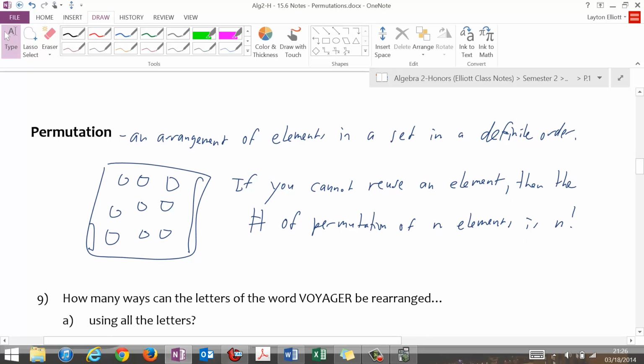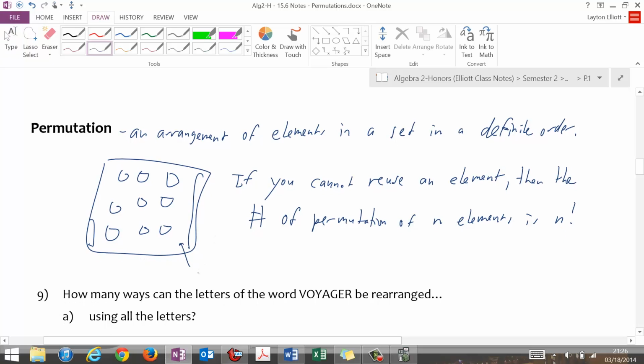This is kind of a neat thing. If there are 9 seats in a classroom and there are 9 kids, then the number of different ways that you can have people sit is 9 factorial. That's a lot of possibilities. That's an incredible number of possibilities just for 9 kids in one class.